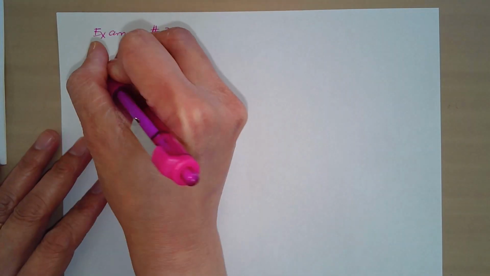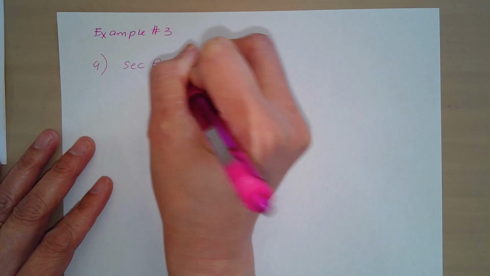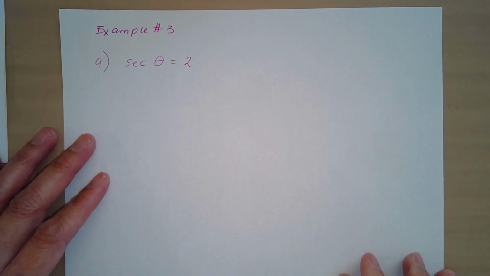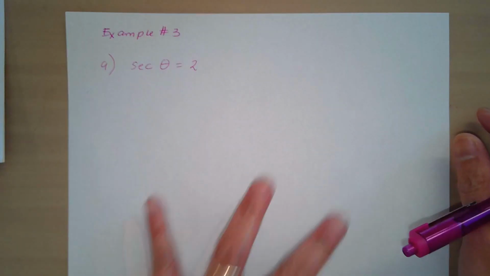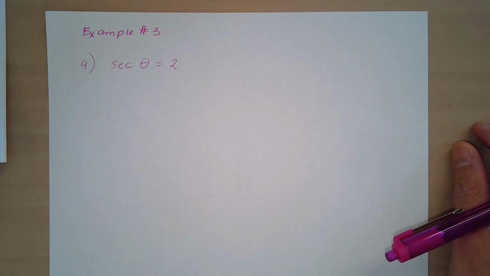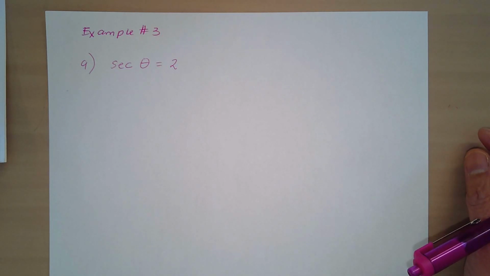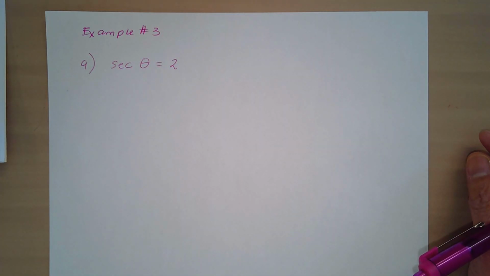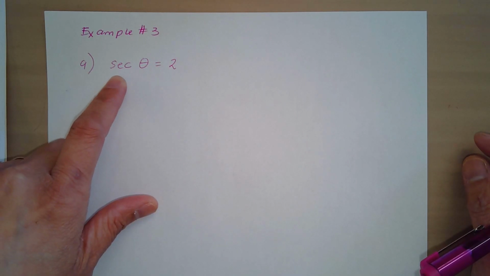So, example 3a. Secant theta equals 2. Now, those special angles and the x and y coordinates only work for sine and cosine, right? But this happens to be secant.